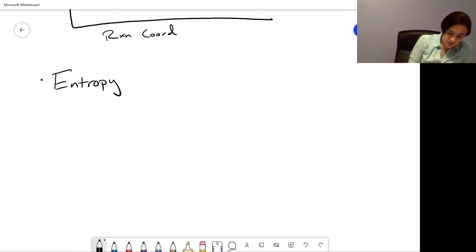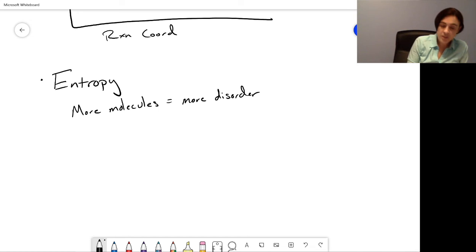So really, it comes down to more molecules equals more disorder, because there are more ways to organize the system.